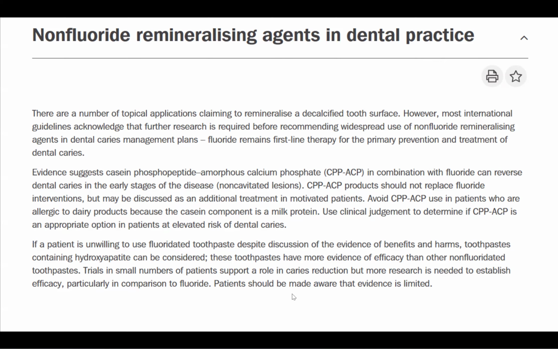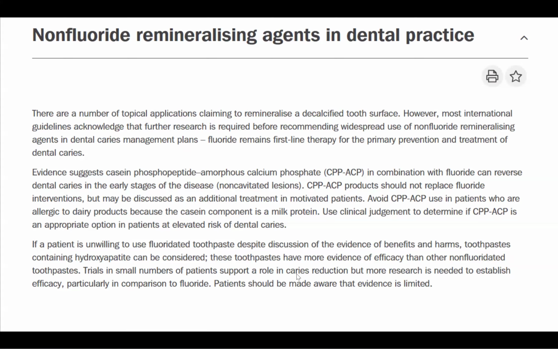Okay, but CPP ACP in itself doesn't cause fluorosis. Tooth mousse plus, let me tell you, because you've asked this question, CPP ACP is tooth mousse. Tooth mousse plus is CPP ACP plus fluoride. Okay, so that's a difference that you need to look out for as well. However, they'll not give you the trade name in the questions.